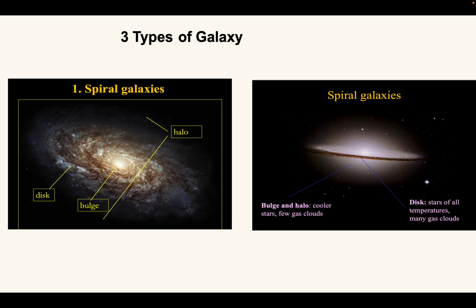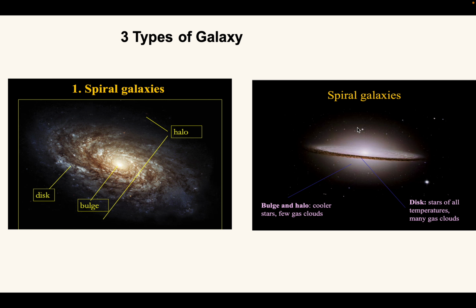In the subsequent slides we will discuss that spiral galaxies have three different structures: one is the disk, another is the central bulge, and another is the halo. The disk contains the stars, with all temperature and mass distributions, and also contains a high amount of star-forming gas, the fuel for star formation.